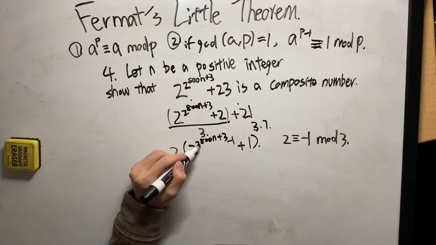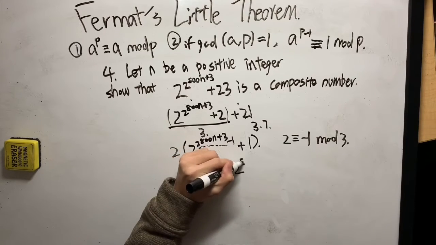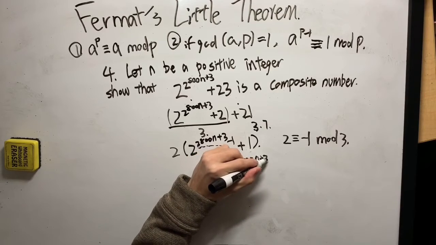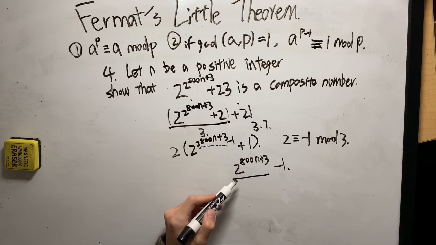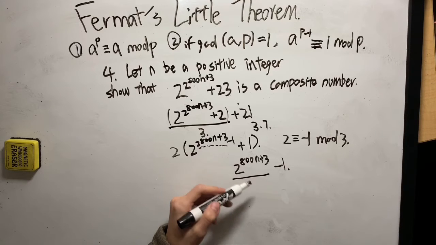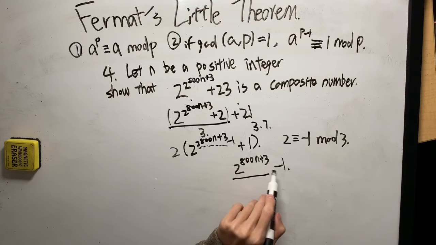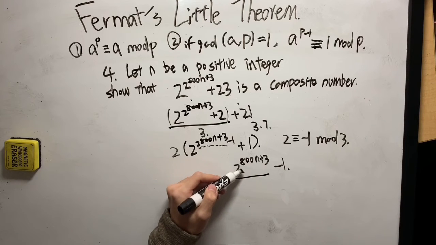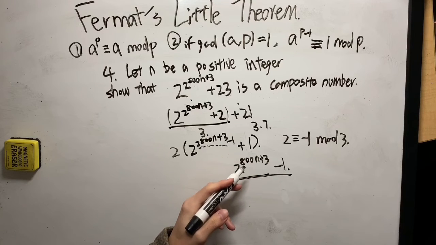And let's see this power, which is 2 to the 800n plus 3 minus 1. This is definitely an even number because it is a power of 2. However, when I subtract 1 from the even number, this whole number becomes an odd number.